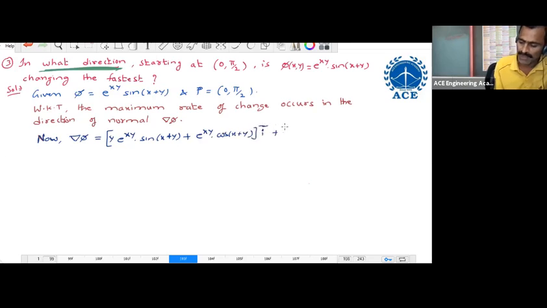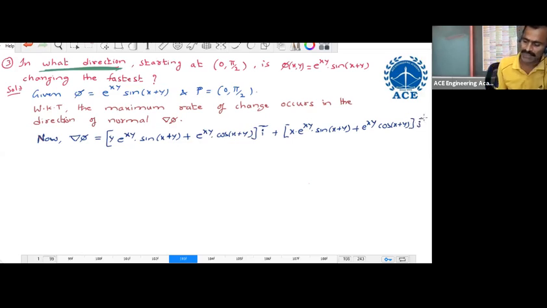Plus, next, ∂φ/∂y. Again both factors have the variable y, so use the product rule: x e^(xy) sin(x+y) plus e^(xy) cos(x+y), the derivative of x+y with respect to y being 1, into j bar.